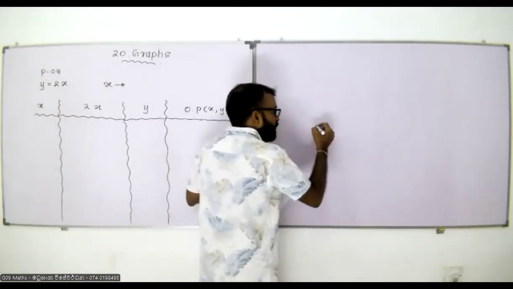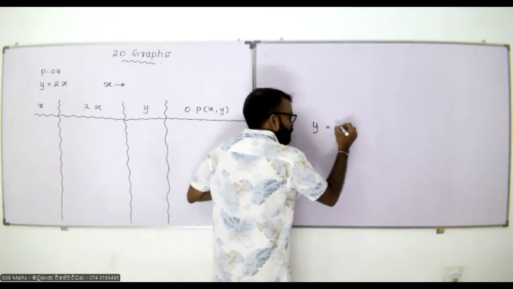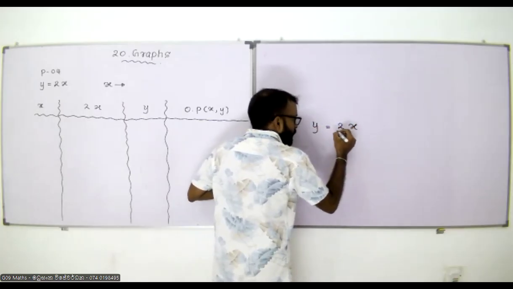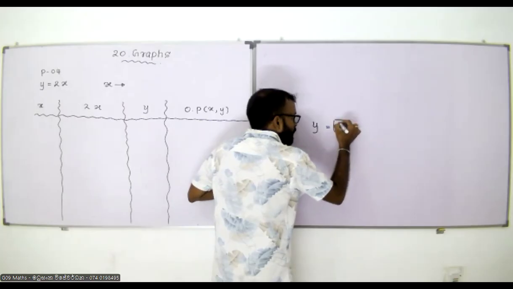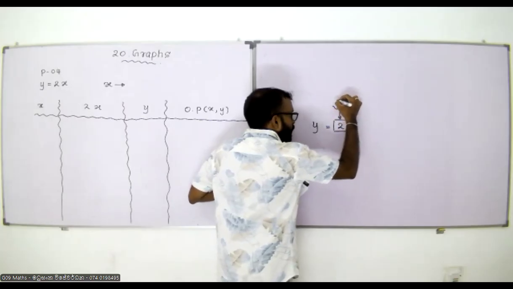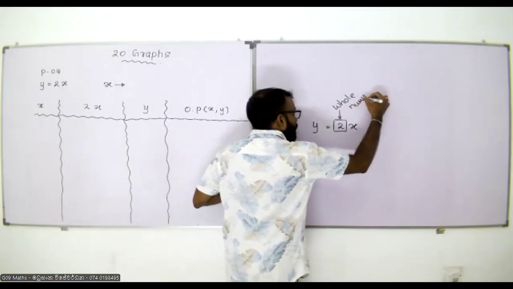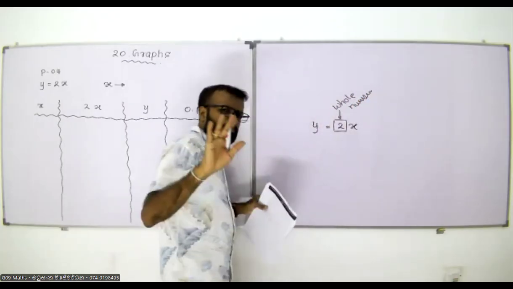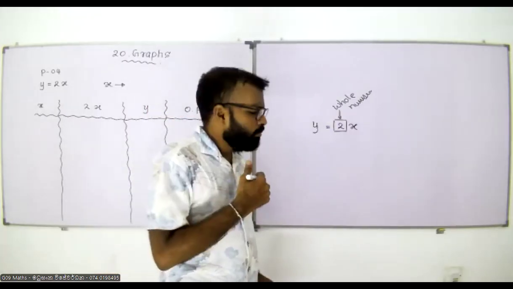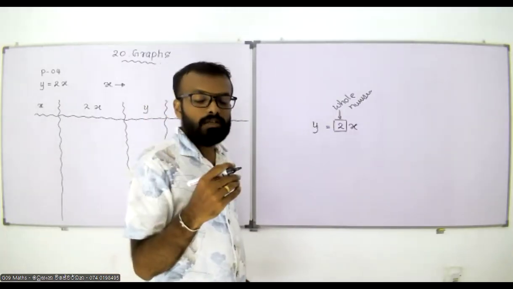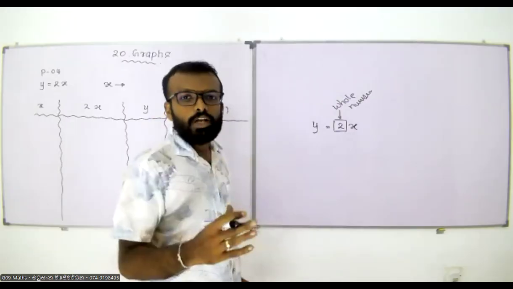Now this is 2x. Don't write, I am giving you the tip. This is a whole number, and if you have a whole number, you don't need to worry about anything. You can take any value range for it.